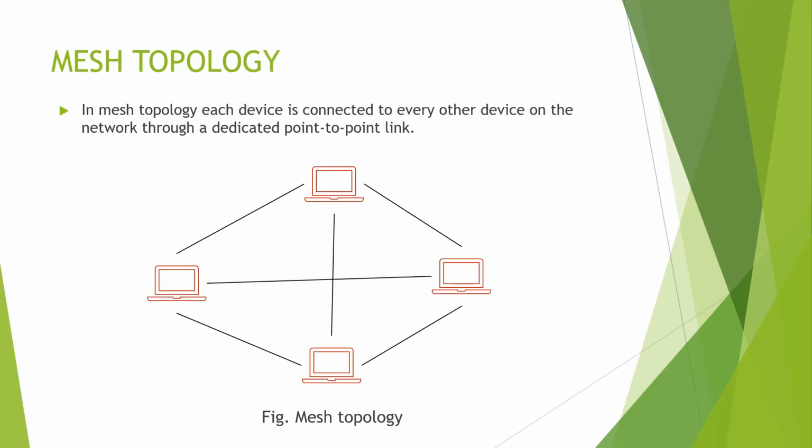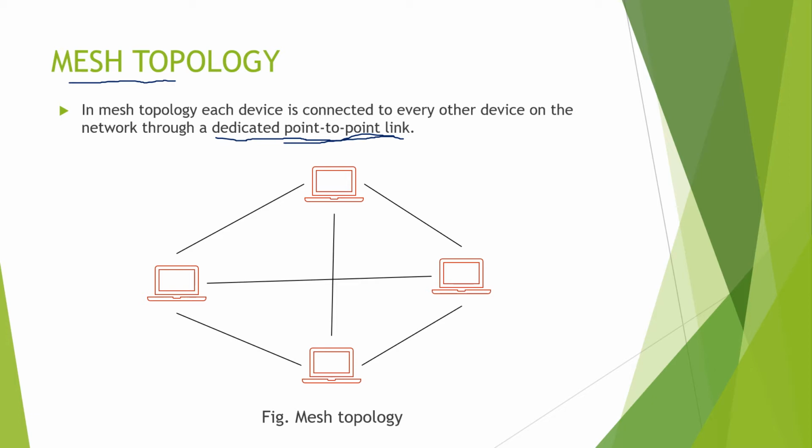First of all, mesh topology. Mesh topology means each device is connected to every other device on the network through a dedicated point-to-point link. Here dedicated means there is a point-to-point link. First we see the diagram.